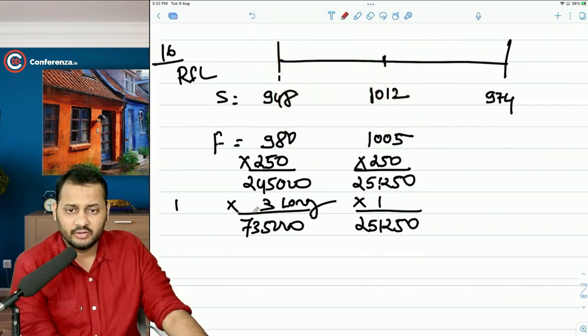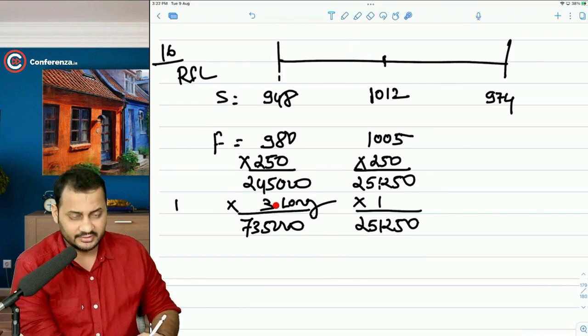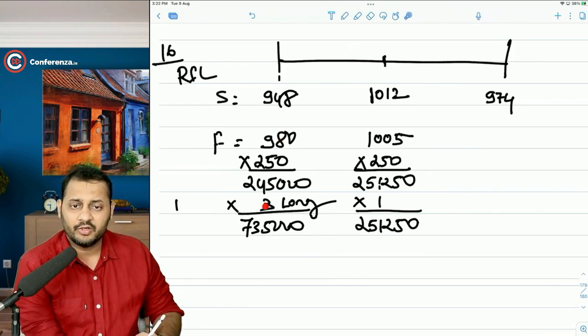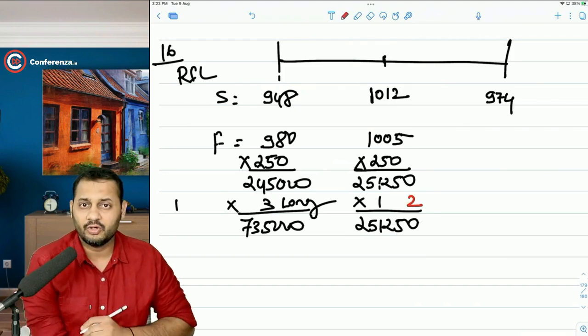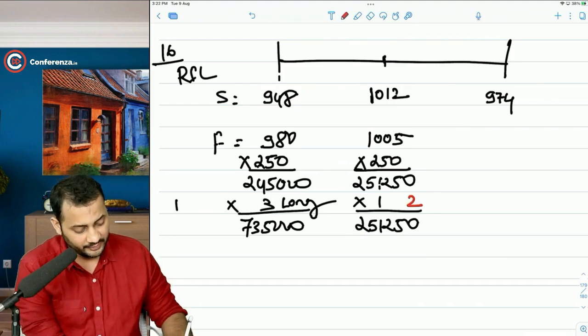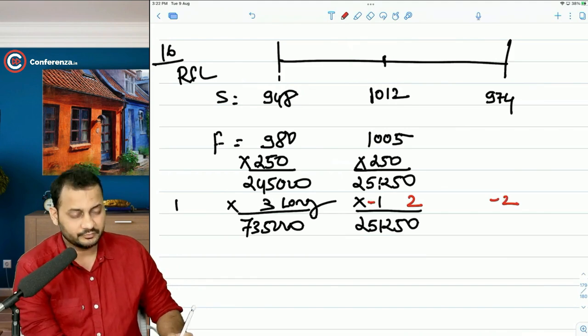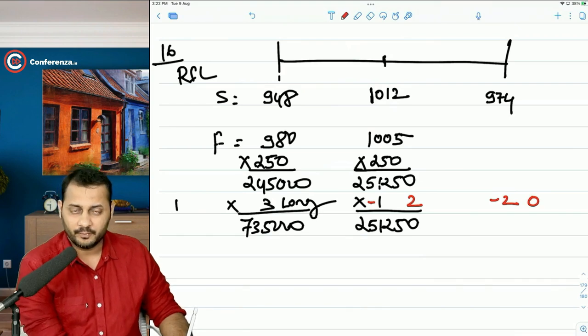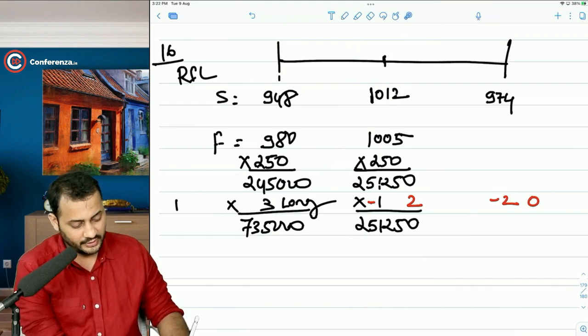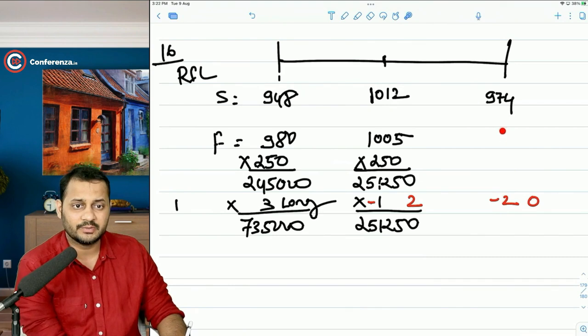You purchased 3 lots on this date at 980, out of which 1 lot has been sold by you on this date. So the remaining lots are only 2. These 2 lots are sold by you on 30th June. So the remaining lots will be 0 now. And you sold these 2 lots at the futures price, which is not given in the question.